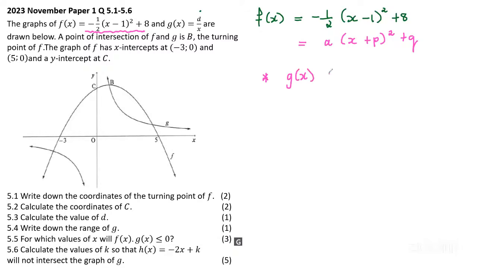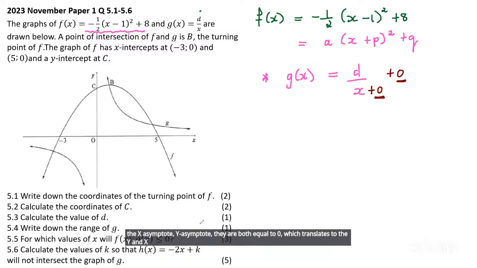g of x is d over x. This looks to me like a hyperbola, and yes, it is a hyperbola. If you notice, it's a hyperbola where the x and y axes are your asymptotes. The x asymptote and y asymptote are both equal to 0, which translates to the y and x axes.